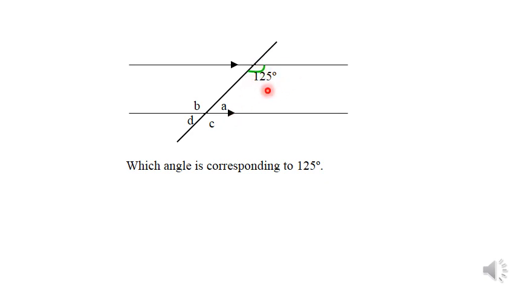Corresponding means making a corresponding angle, an F shape. So it will be equal in measure. Yes, C is equal to 125. Look at the F shape. This one under the side of F is equal to this one under the side of F. So C is equal to 125.